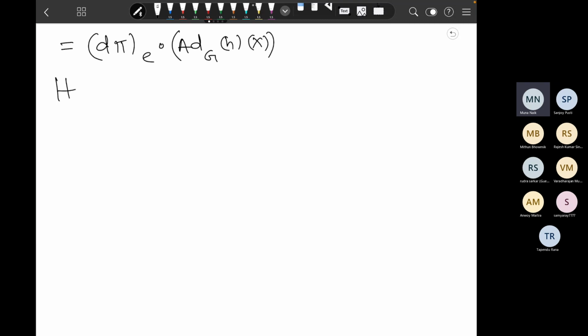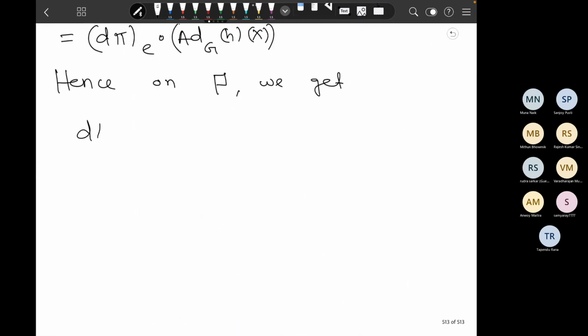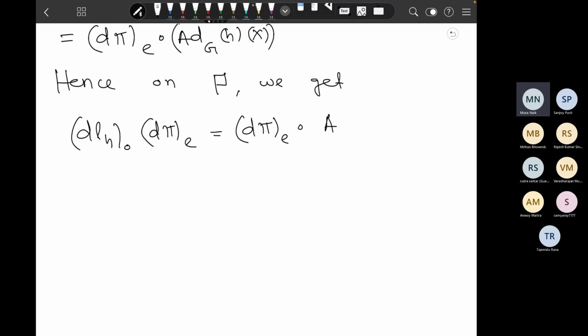So hence on p we get this thing: dL_h at o composed with d pi e is equal to d pi e composed with Ad_h. So here is the map.